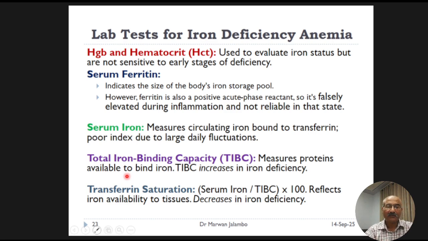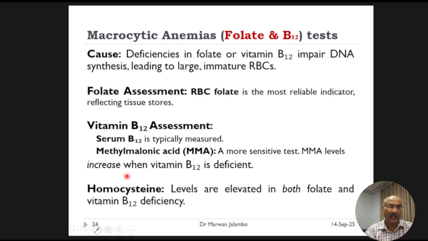So let's shift now to tests used for macrocytic anemia. Macrocytic anemias are caused by impaired DNA synthesis, which affects the maturation of red blood cells. This impairment is due to deficiency of either folic acid or vitamin B12.